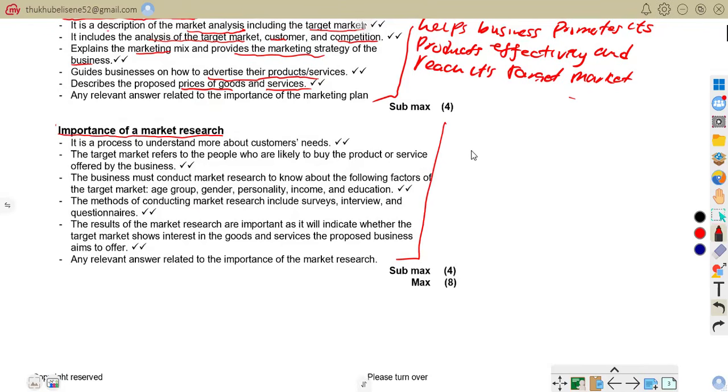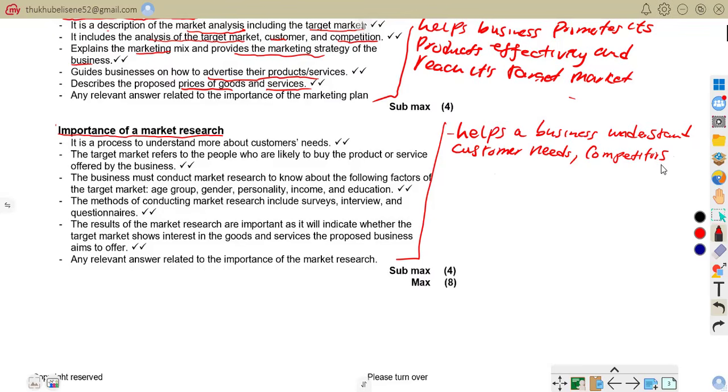With market research, we know very well that market research helps a business understand customers' needs, competitors, and market trends before making decisions.